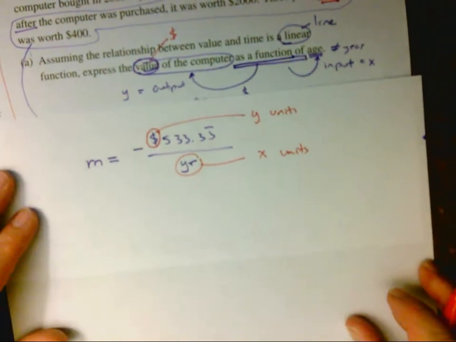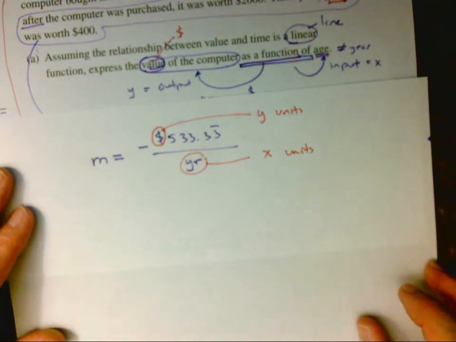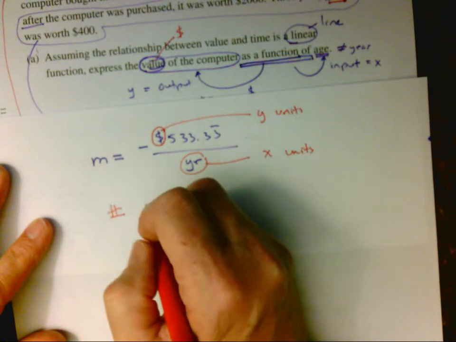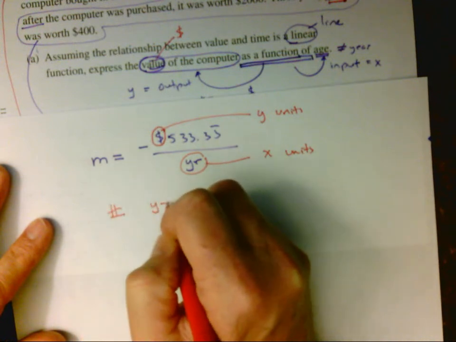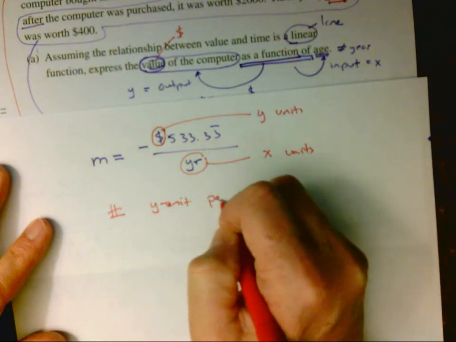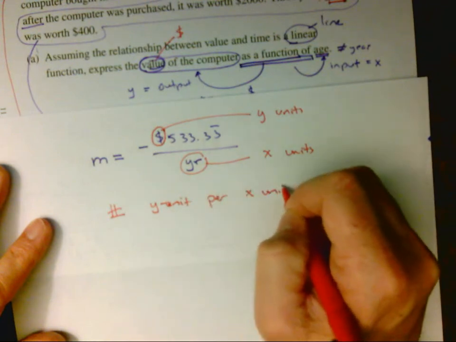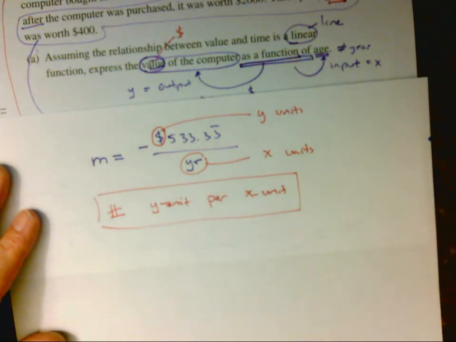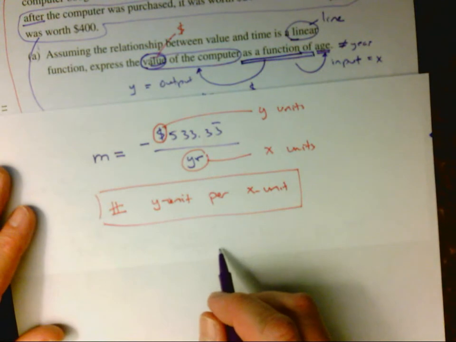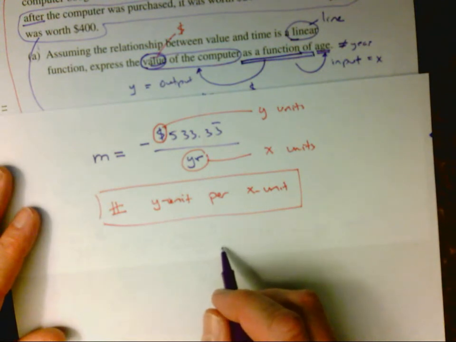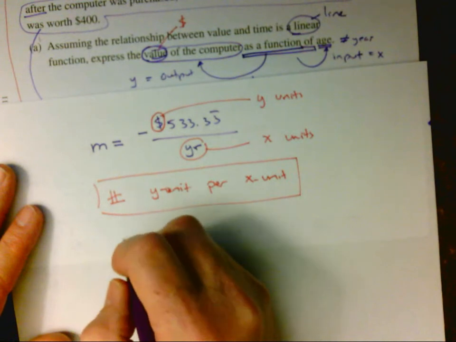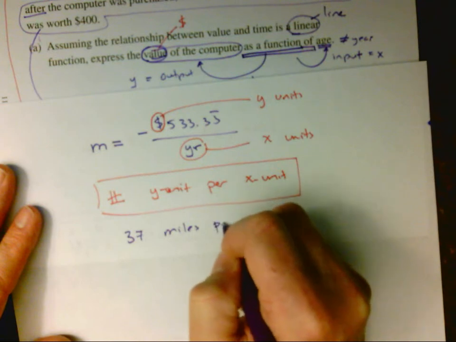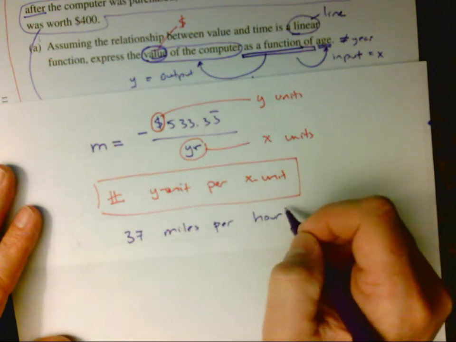So a slope in a real world problem is going to look like a number, and then it's going to be y unit per x unit. That's how you will actually say it. So for instance, in some problems, the slope is a speed. You might have 37 miles per hour.